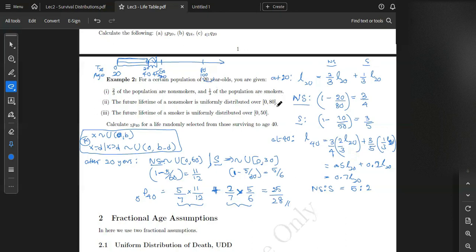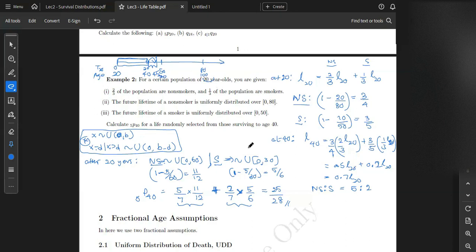Since we knew the distribution, we could find the survival proportions of smokers and non-smokers after 20 years. Then we could calculate the number of survivors at the end of 20 years, and divide L40 by L20 to find the survival probability from 20 to 40 for the entire population.